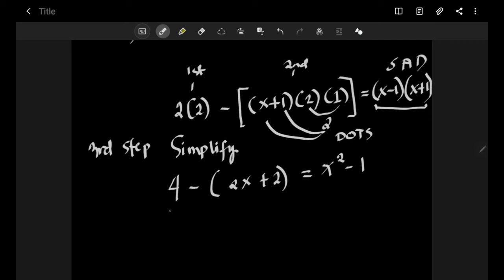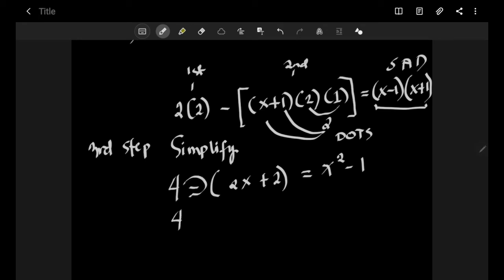Now, so, hindi pa siya simplified pa rin. Pag sinabi nating simplified, kailangan single equation. So, kailangan 0 yung nandun sa kabilang side ng equal sign. Okay, so we have, so, i-distribute natin tong negative sign.